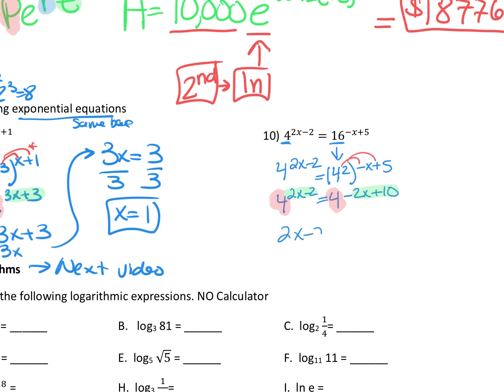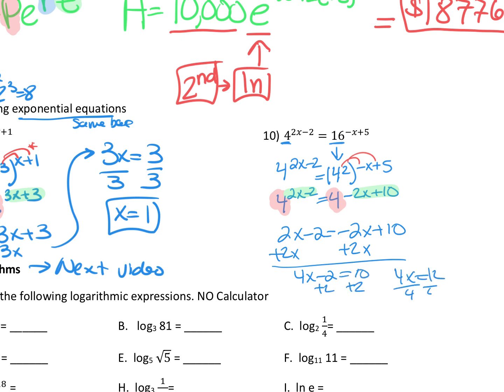So 2x minus 2 equals negative 2x plus 10. Add 2x to the other side, add 2 and divide, and we'll get that x is 3.